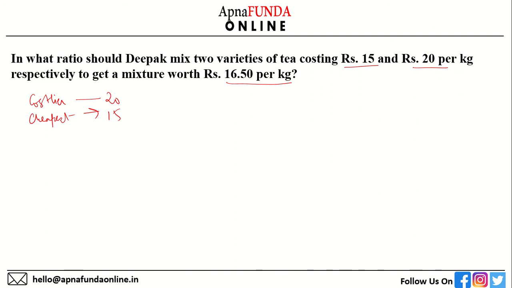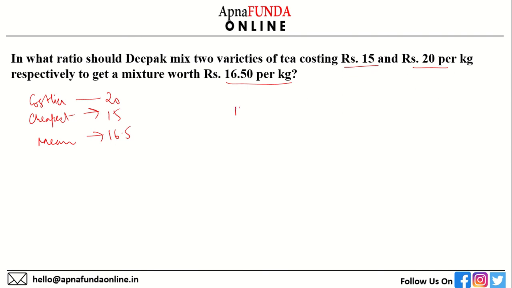The mixture, worth 16.5 rupees per kg, is my mean price. So, can I say by the mixtures and allegations rule, which I've explained in my video 2 on this topic? Please have a look if you haven't.